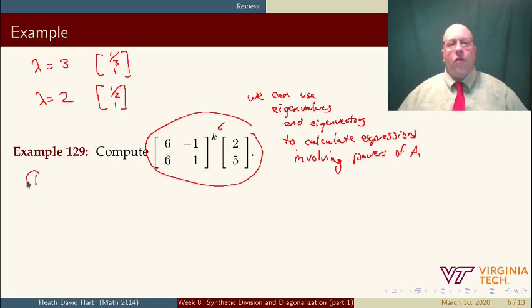The first step we're going to do is to write 2, 5 as a linear combination of the eigenvectors.